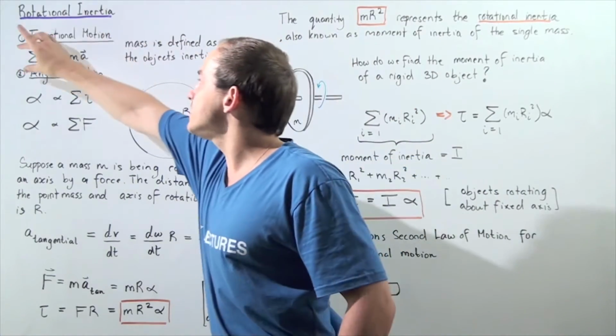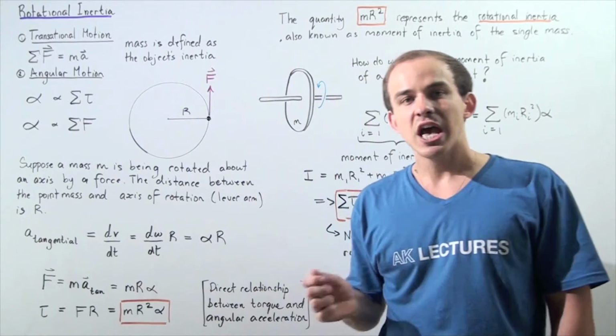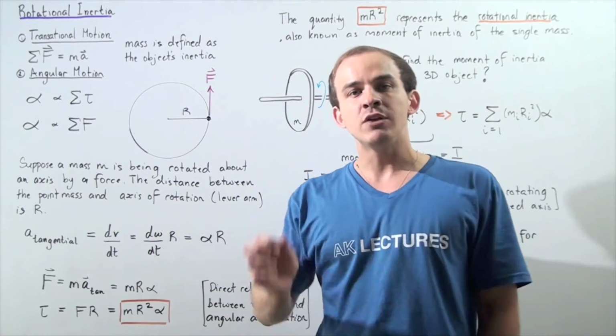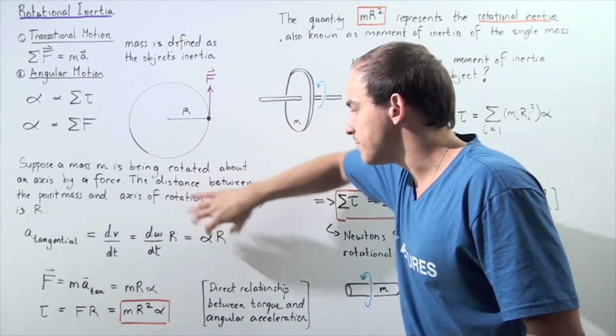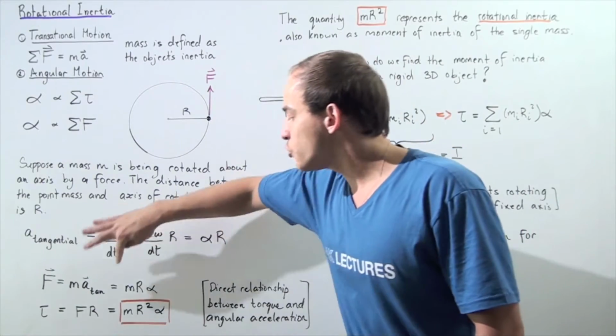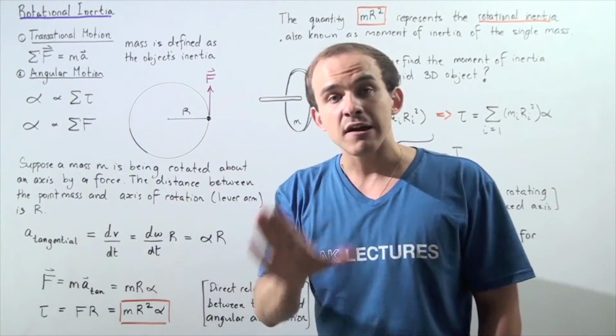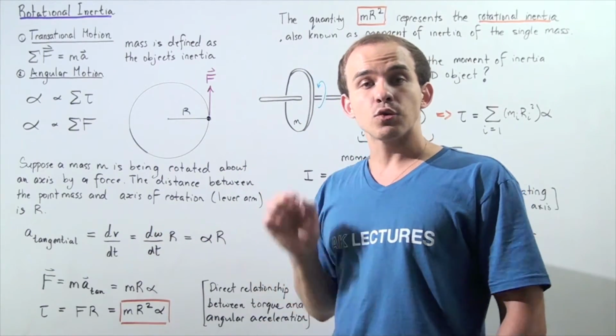Now we take the second law of motion, force is equal to mass times tangential acceleration, and we replace tangential acceleration with this quantity. So we get that the force acting on the object is equal to mass times r, the lever arm, multiplied by our angular acceleration.